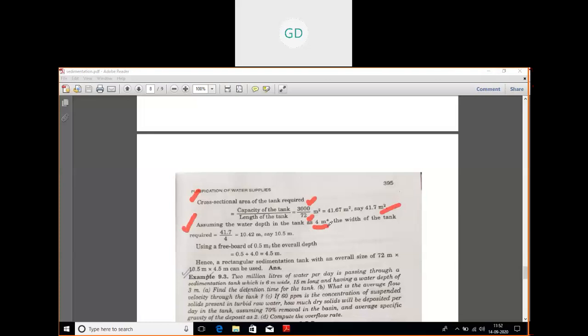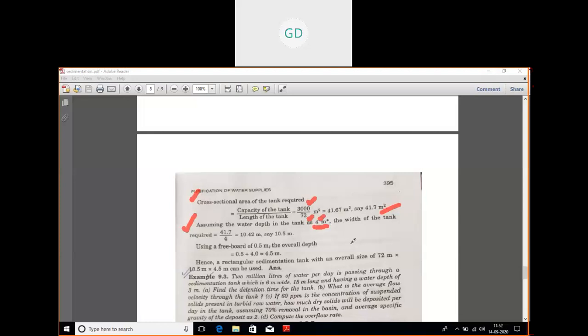We have already learned the depth range of a sedimentation tank, which is 3 meter to 4.5 meter. So they are taking the water depth to be 4 meter.